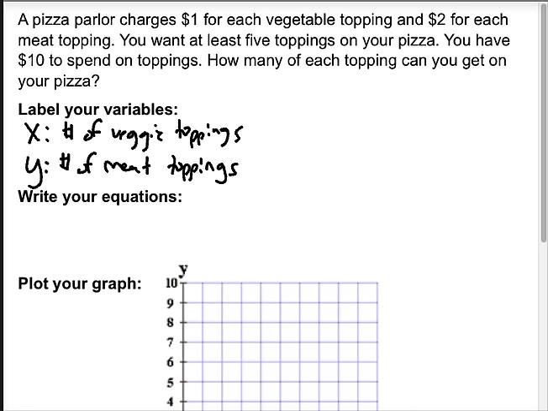In this case, the number of veggie toppings and the number of meat toppings. I'm going to start here. You want to have at least 5 toppings. So our number of toppings is how many total we have, so x plus y, and we want at least 5.